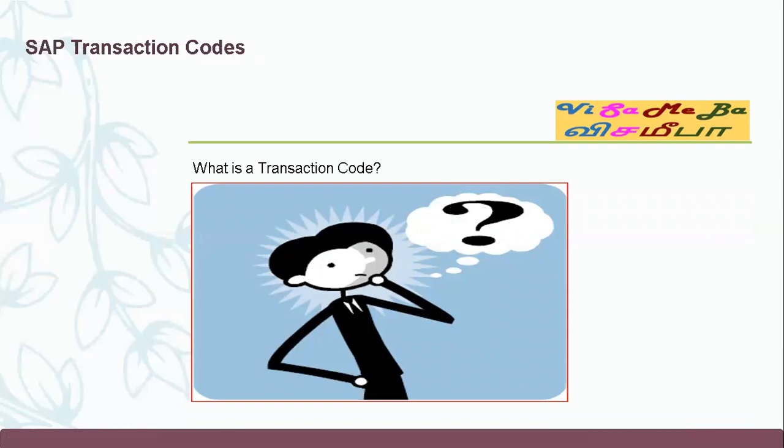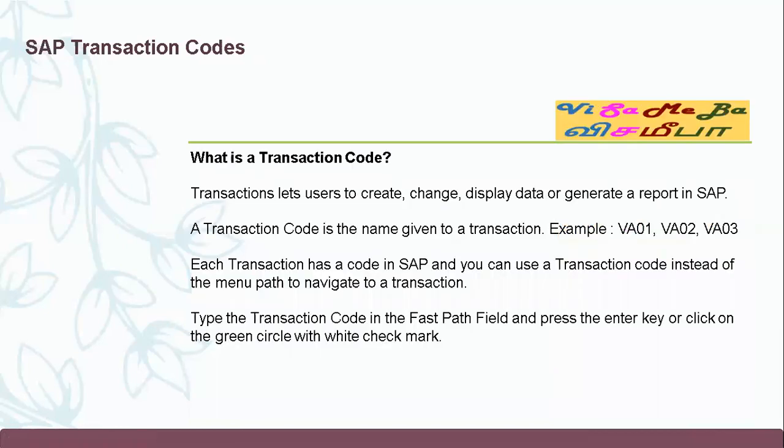Now, what is a transaction code? A transaction code is a nickname or shortcut to an activity. For example, in Word, you have Control S to save a document.